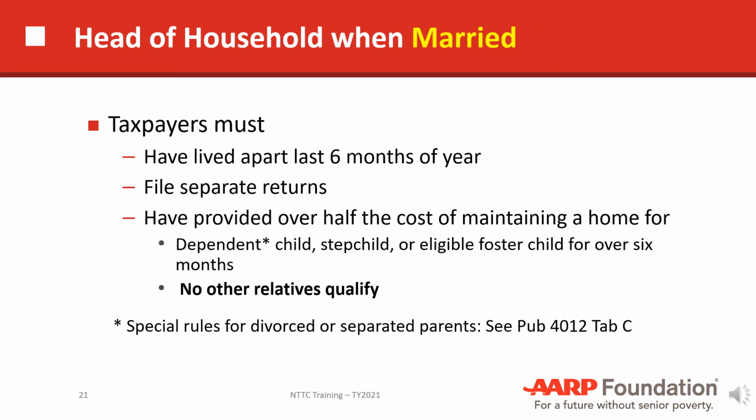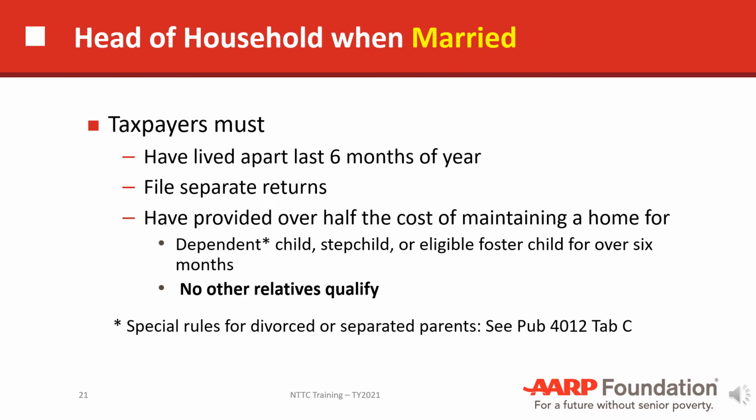And then we have head of household when two people are married. The taxpayers must have lived apart for the last 6 months of the year. So they cannot have lived with each other over the last 6 months of the year. They need to file separate returns, and they need to have provided over half the cost of maintaining a home for a dependent child, stepchild, or eligible foster child for over 6 months.